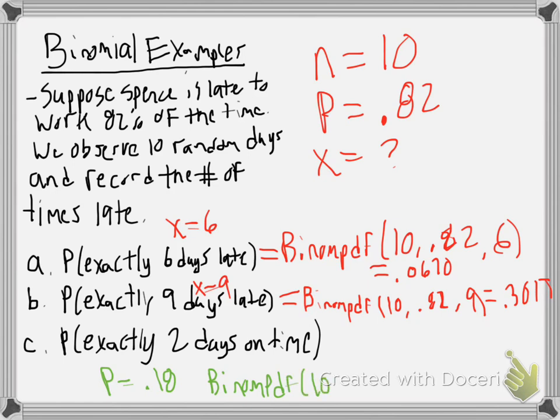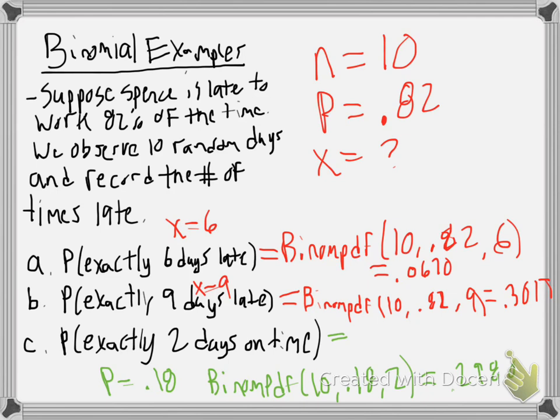We're still looking for 10 days. The probability of being on time is 18%, and then 2 days on time. So distribution binompdf 10, 0.18, 2. And that's 0.2980.